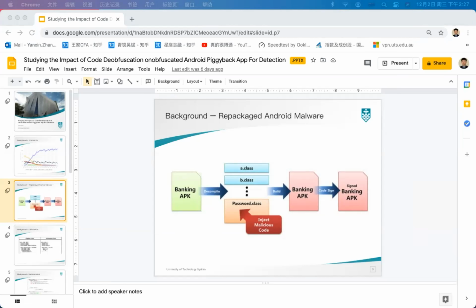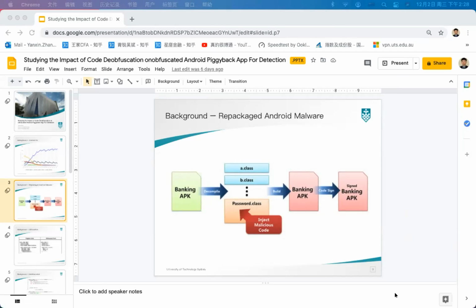So what does piggyback Android malware mean? They download a normal or famous Android app and decompile it, so the source code is exposed to the attackers.